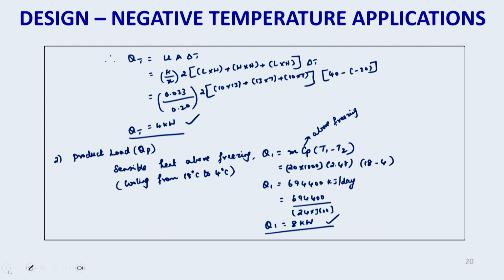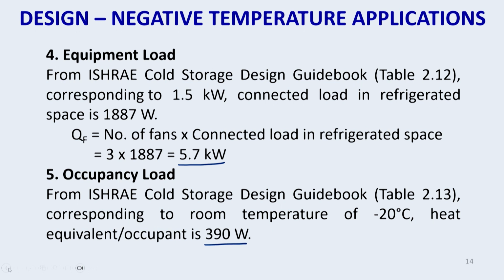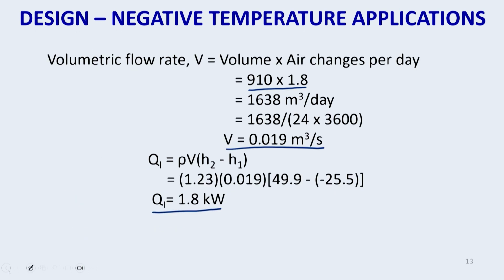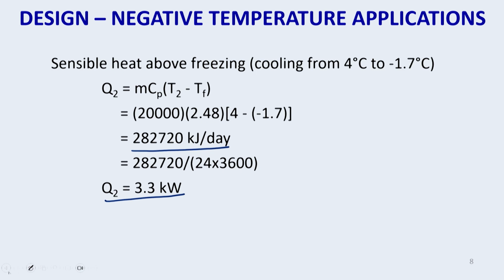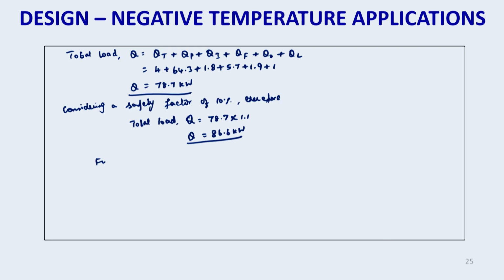Now the compressor running time per day will be given in the problem, or we can assume about 18 to 20 hours per day. It is given in the question: compressor running time of 20 hours per day.